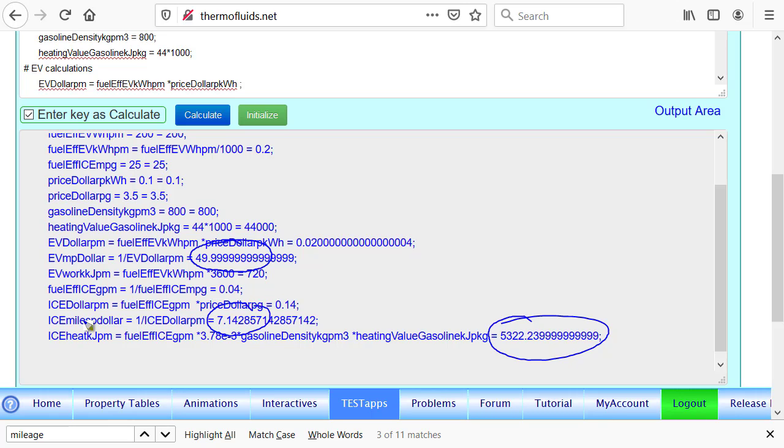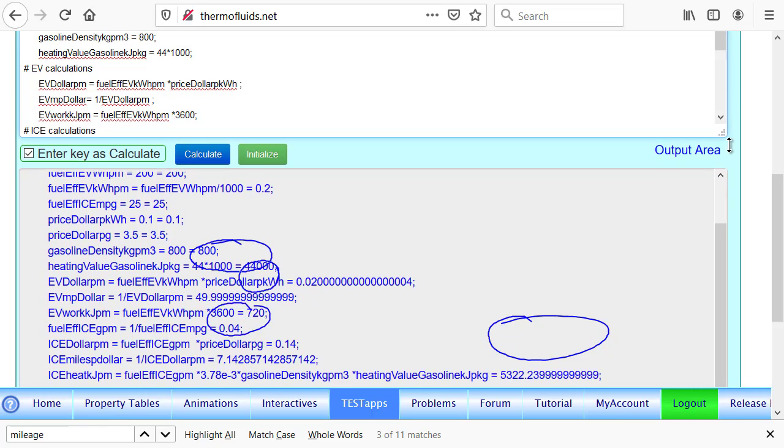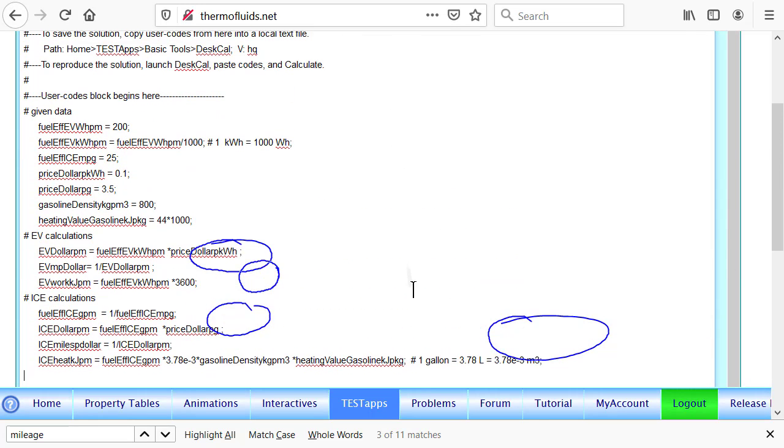ICE miles per dollar, okay, we've seen that. EV work in kilojoule per mile: 720 kilojoules is used to push the car 1 mile in this particular scenario. Anyway, the details of the problem can be found in this code, and I'll just leave it there.